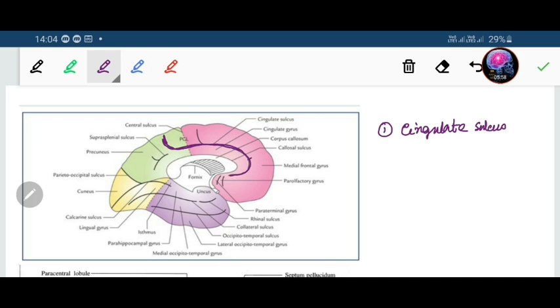So this is the cingulate sulcus, 1 cm above and parallel to the upper convex margin of corpus callosum. Anteriorly, it ends below the genu of corpus callosum.